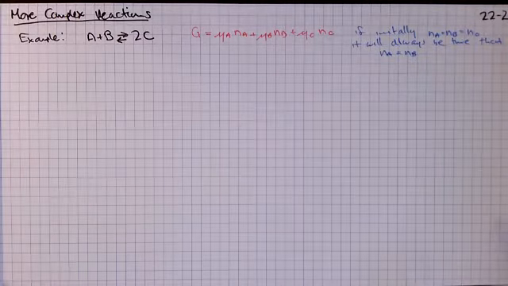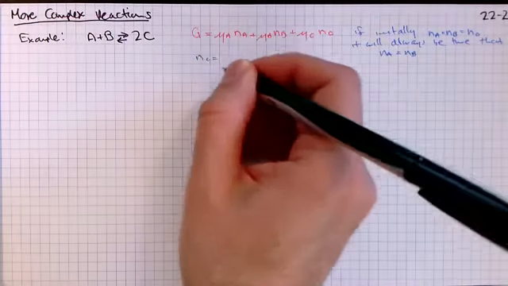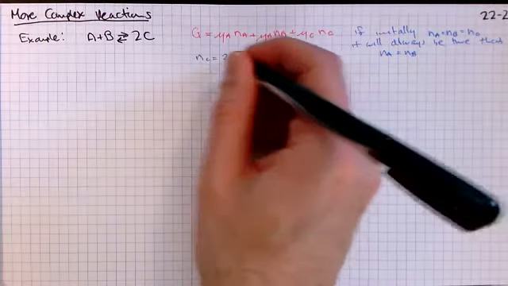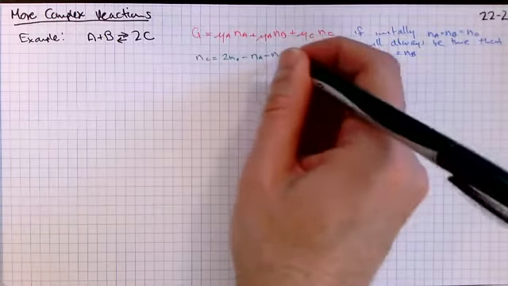And so we can write down the number of moles of C as being equal to 2 times N0 minus NA minus NB, right?